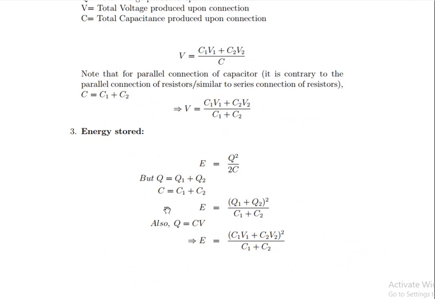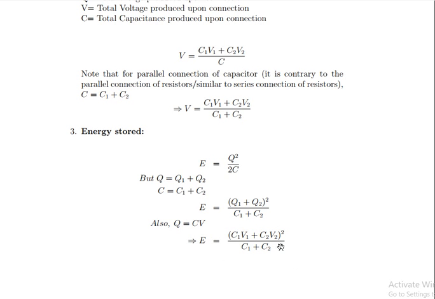Now for the energy stored, we need to know that the energy is equal to Q squared all over 2C. But Q is equal to Q1 plus Q2, and the total C is equal to C1 plus C2 in this case. So we are going to have Q1 plus Q2 all over C1 plus C2, squared here, because this is the value of Q. When we substitute, Q1 is C1V1 and Q2 is equal to C2V2.